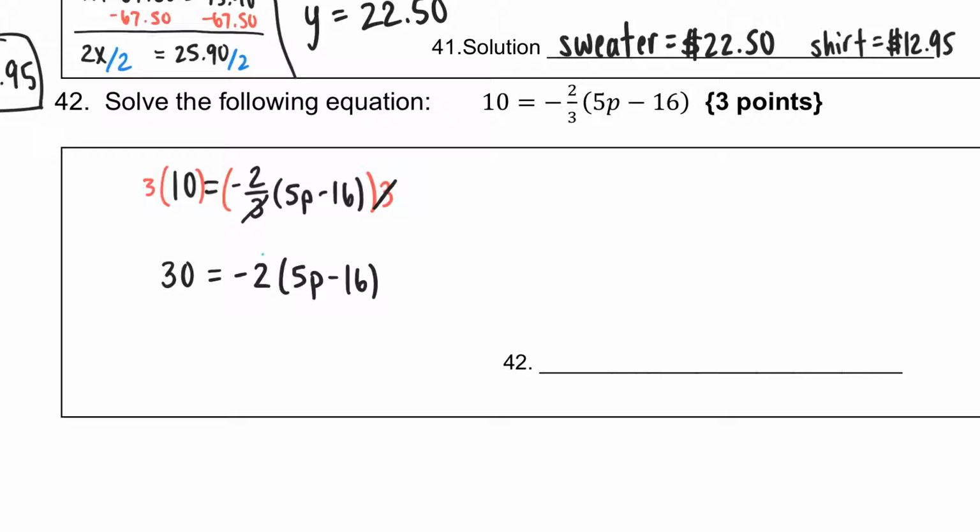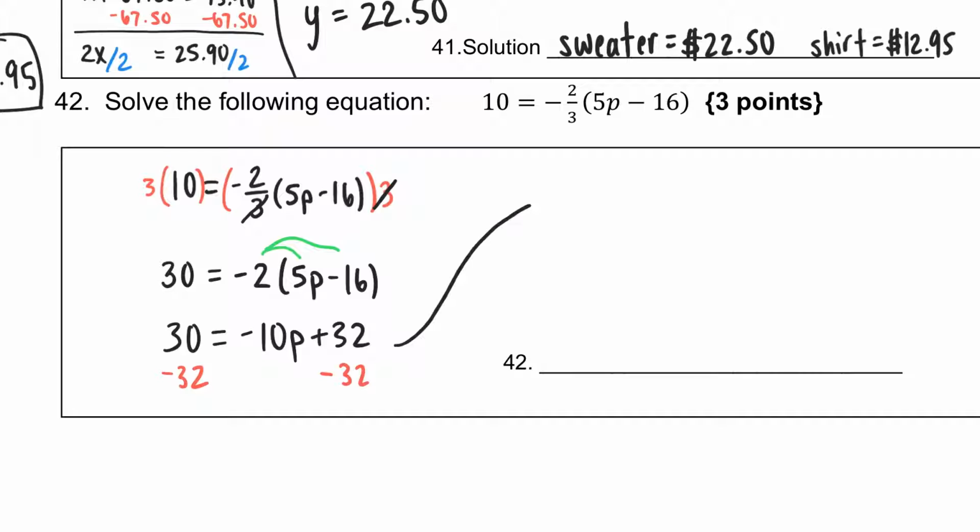If it was me, I would distribute the -2. So you get 30 is equal to -10p plus 32. And then I would subtract 32 on both sides, because the goal is to solve for p here. You get -2 on the left, so 30 minus 32 is -2, and on the right you get -10p.